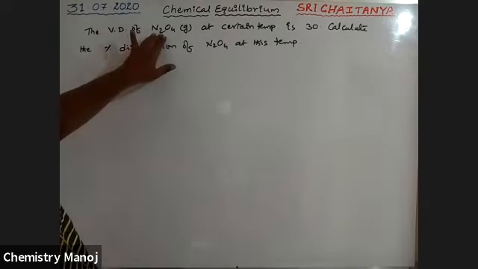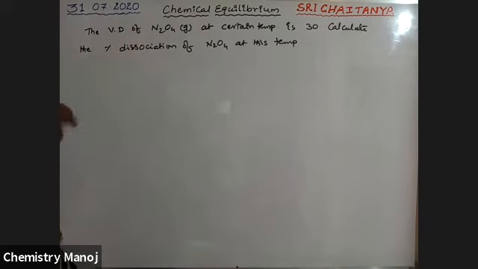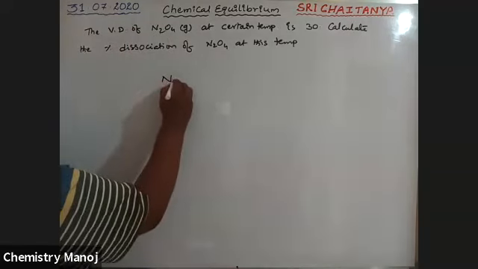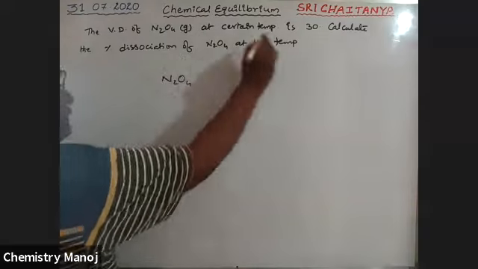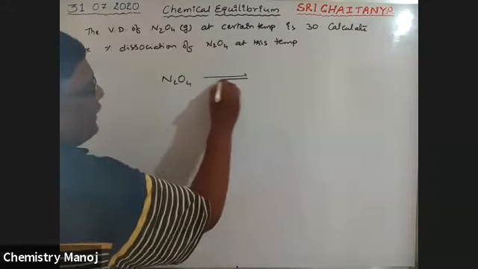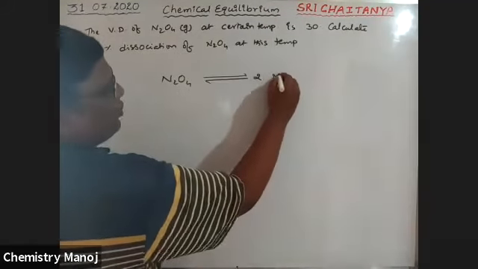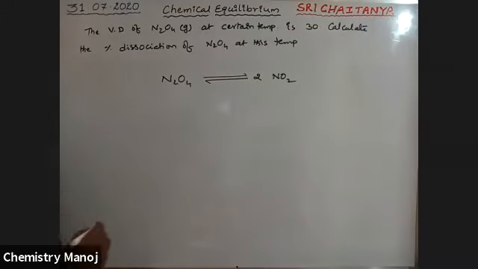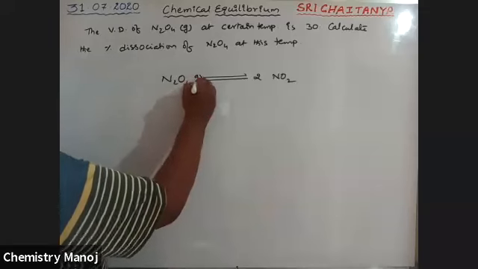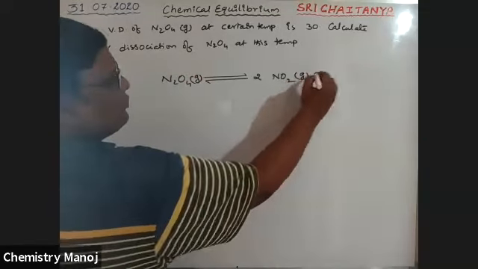So initially we have N2O4. At this temperature it is going to be dissociated and converts into 2NO2. N2O4 dissociates into 2NO2, so this is gas and this is also gas.